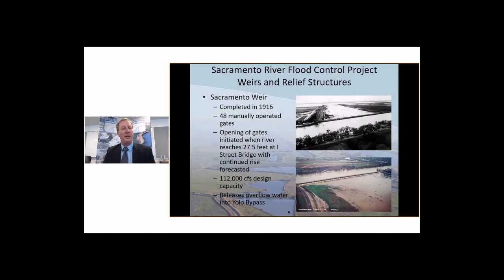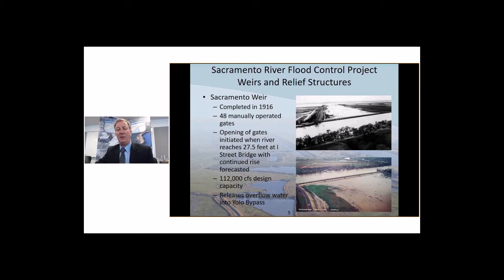A little bit more specific, I want to talk about the Sacramento Weir, and there's a number of activities surrounding it. The Sacramento Weir is where flow works out of the American River and the Sacramento makes its way out through the Sacramento Bypass. The weir was completed in 1916.